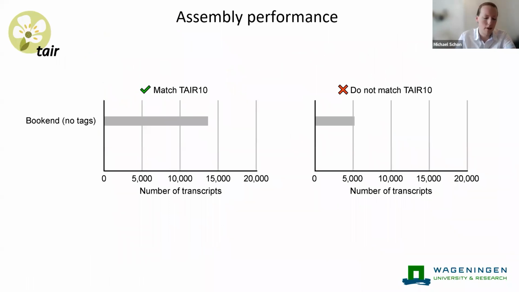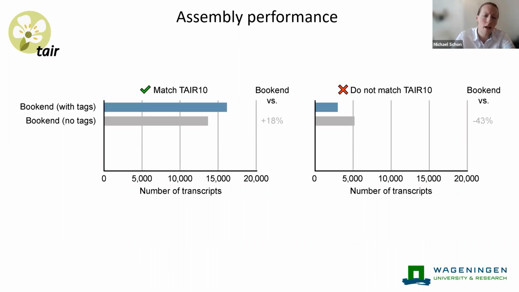So if we take a look at this floral bud data and first compare it to the reference annotation, I can see that by including end information, I'm able to reconstruct more reference transcripts than if those end labels were ignored. But more importantly for me, the precision increased spectacularly.